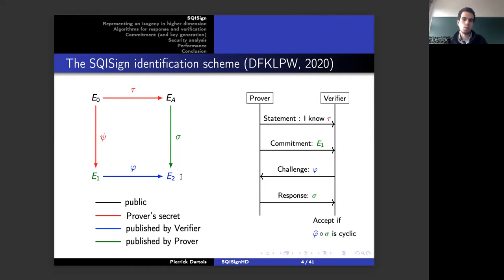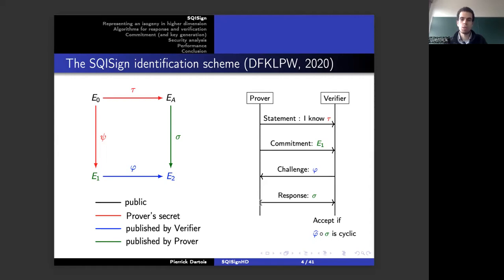And the prover will have to come up with an isogeny from the public key EA to E2, using, of course, the knowledge of his secret without revealing it.